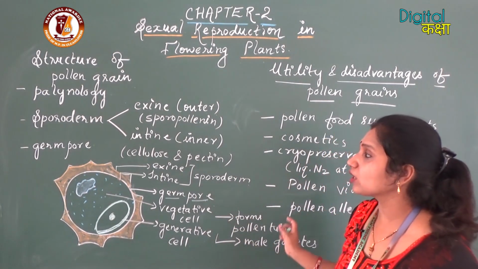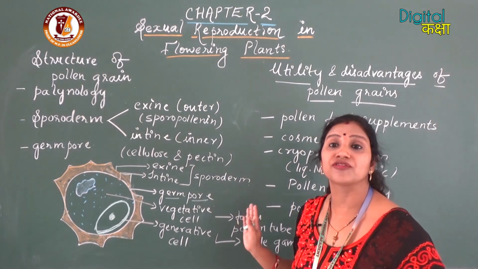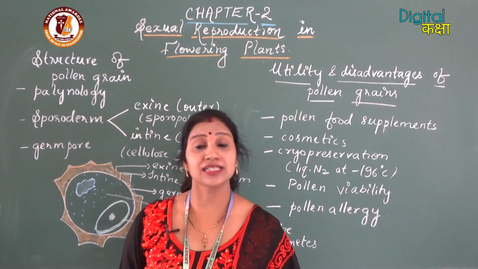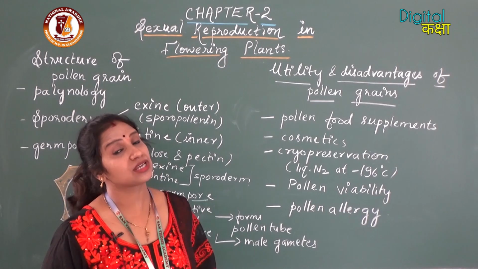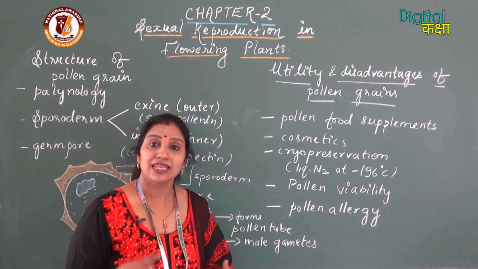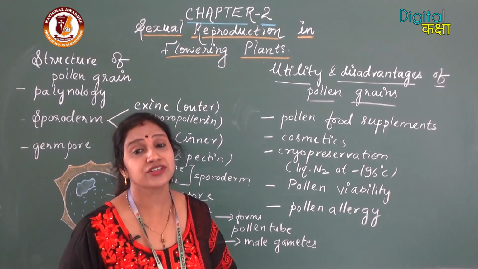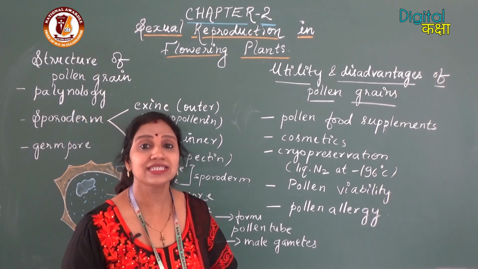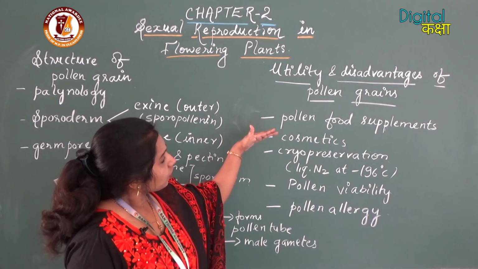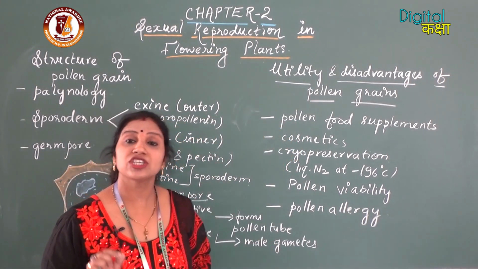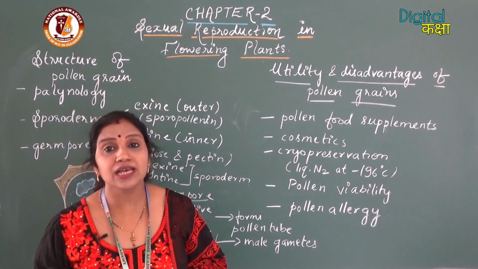So this was all about the structure of the pollen grain. Now we will discuss some characteristics of the pollen grains, like advantages, disadvantages, how they are preserved, all these things. Number 1, the pollen grains are being used as food supplements.